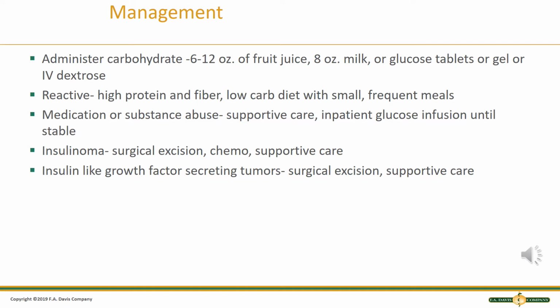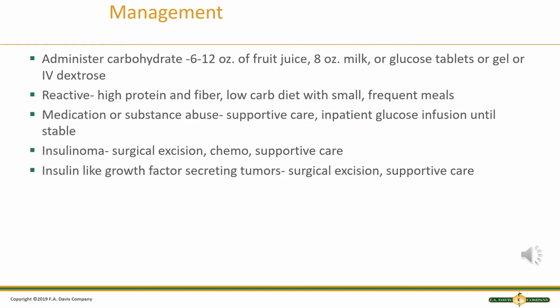If it's medication or substance abuse induced, they're going to need supportive care and inpatient glucose infusions until they are stable. If an insulinoma is detected, they may require surgical excision, chemotherapy, or supportive care. And if there is an insulin-like growth factor secreting tumor, they may also need surgical excision and supportive care.